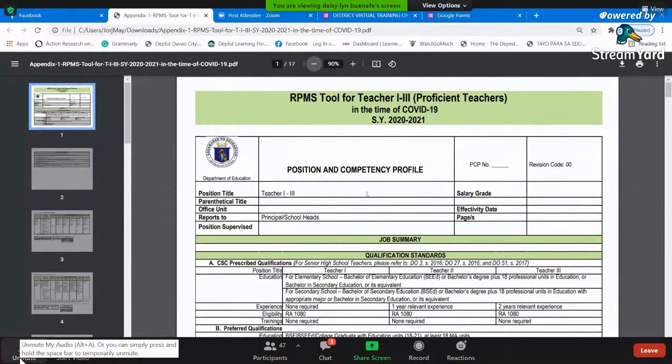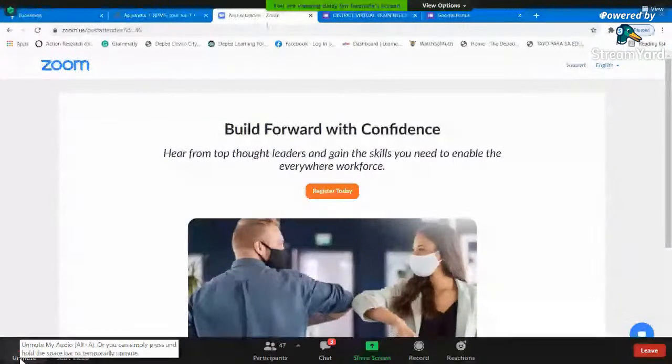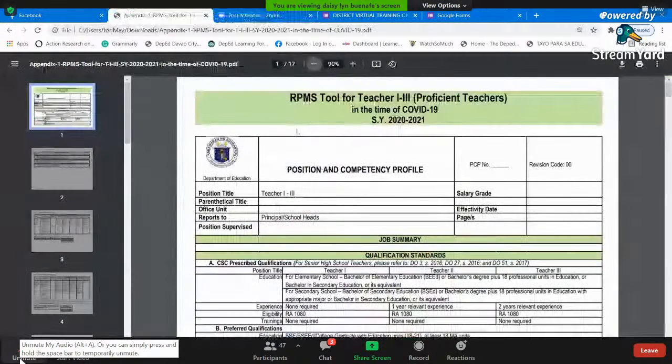Loud and clear. Okay. I repeat, congratulations to all the facilitators for discussing the 9 modules of the PPST, because you know what, my dear fellow teachers, if learning is our passion, PPST module is for us.